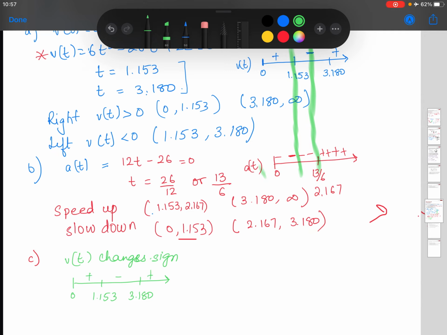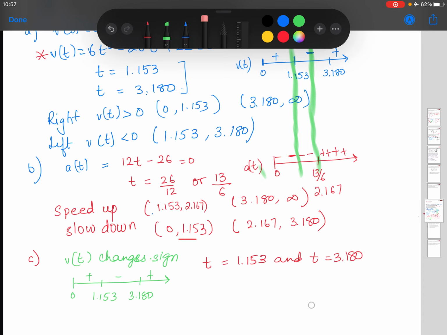Not always will it go from positive, negative to positive. Sometimes it chooses not to switch signs, so you must always check in each interval. Okay, so it is actually in fact changing signs here. So the particle is changing direction at t equals 1.153 and t equals 3.180.